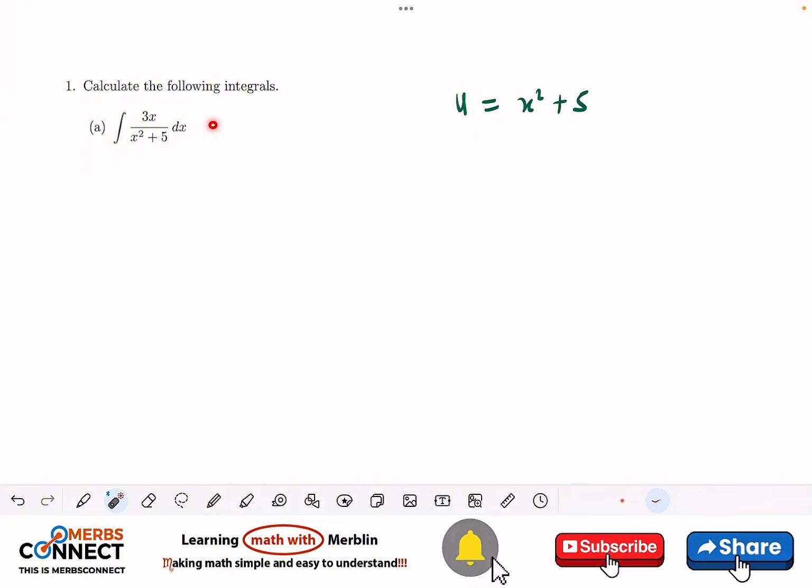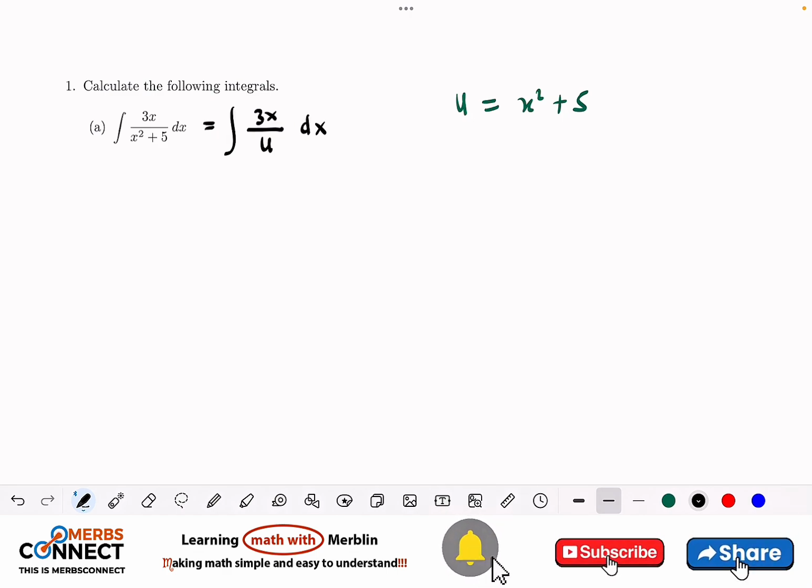So now this is what the integration is going to be: the integral of 3x divided by, now we are saying that x squared plus 5 is equal to u, so the denominator is going to be u, dx. But the idea with u-substitution is that when we are changing everything from x to u, everything should change to u.